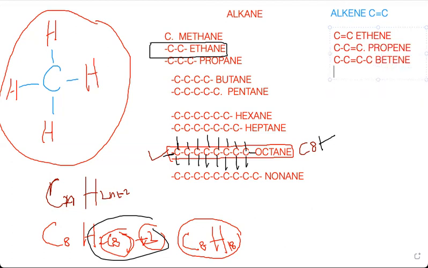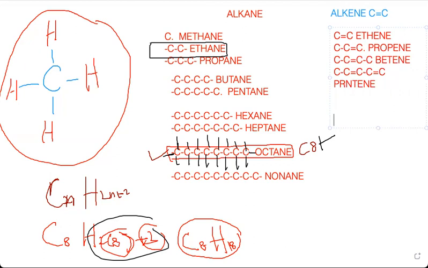For example, there are 5 carbon, 1, 2, double bond, 1 carbon single, and 1 more double bond. There could be 2 double bonds. This is pentene. Actually, the name will be changed a little when we discuss the IUPAC system, that is how to give a name to your hydrocarbon chain or your organic compound.